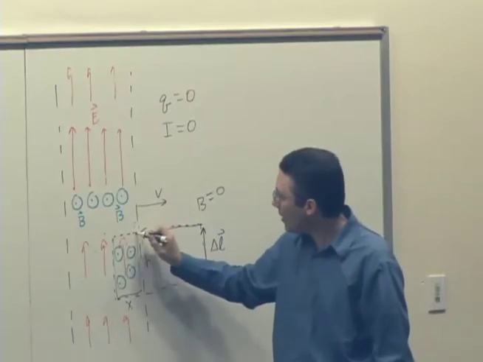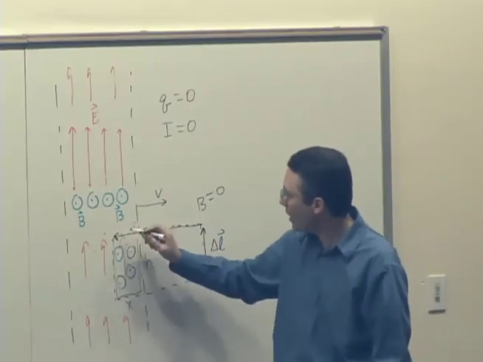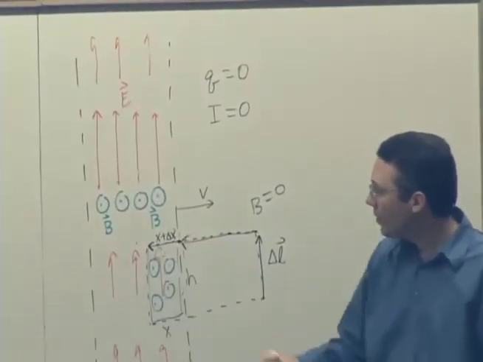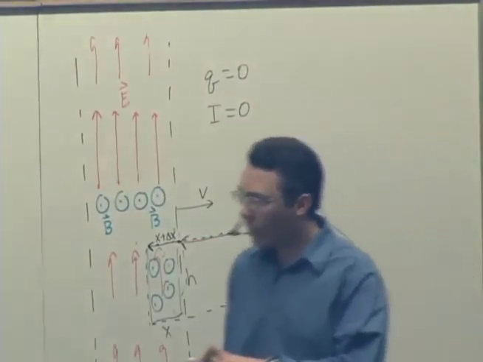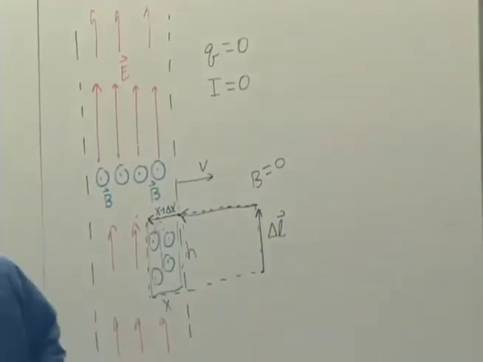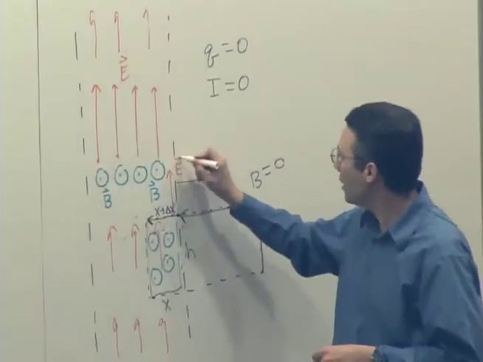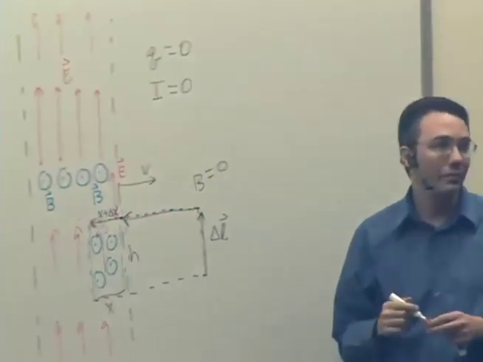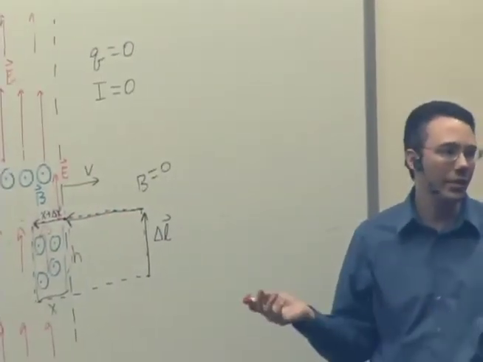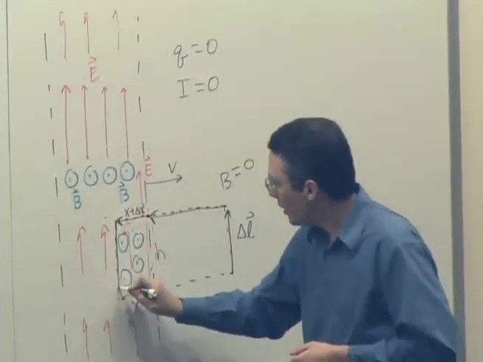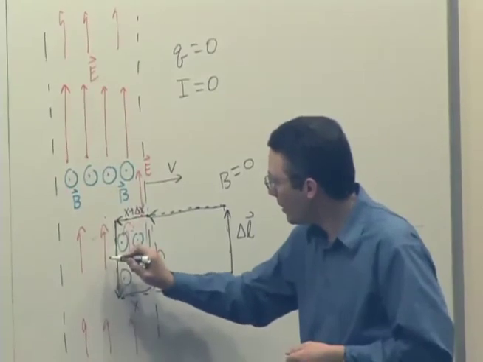I'm now inside the region. I'm going a distance of, well, B x plus delta x would be the total length. And the electric field is pointing in what direction? Up. So what's that dot product going to give me along that part of the path? 0. Okay, they're perpendicular to each other. I go downward, and that is a distance h.